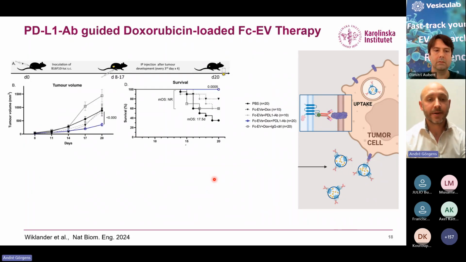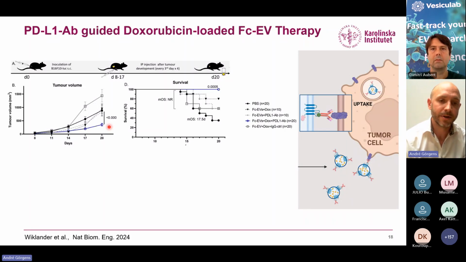So then we, of course, set out to try to use this as a therapy. We loaded Fc-EVs with doxorubicin and had them displaying the PD-L1 antibody. And of course, plenty of different controls for this setup as well. But as you can see, this therapeutic combination of Fc-EVs with PD-L1 antibody and doxorubicin had a clear therapeutic benefit with decreased progression of the tumor over time and a clear survival benefit.